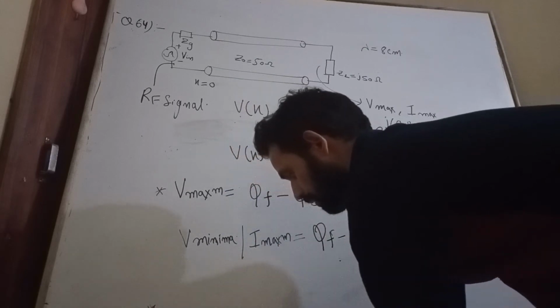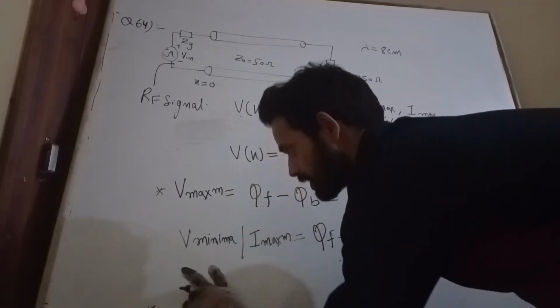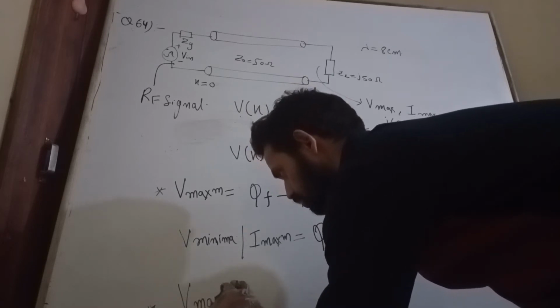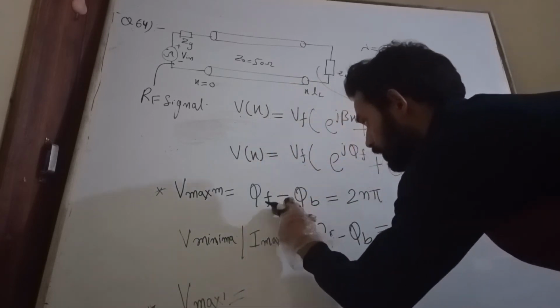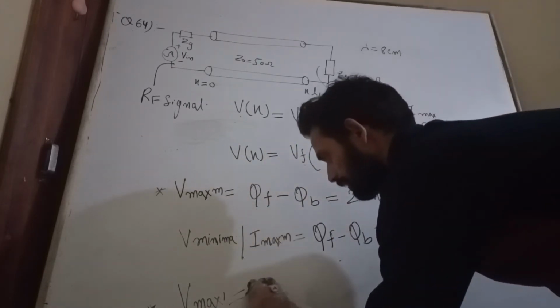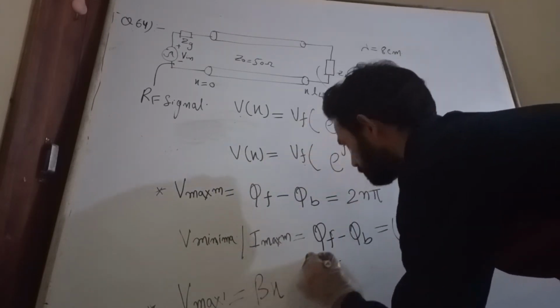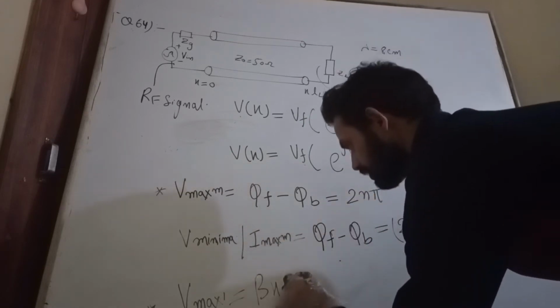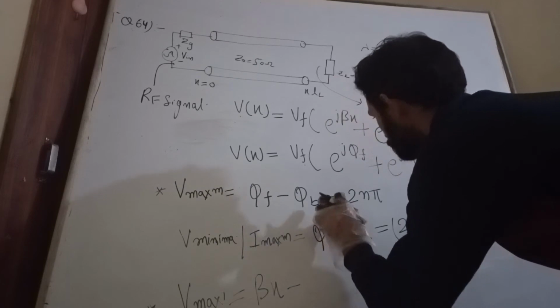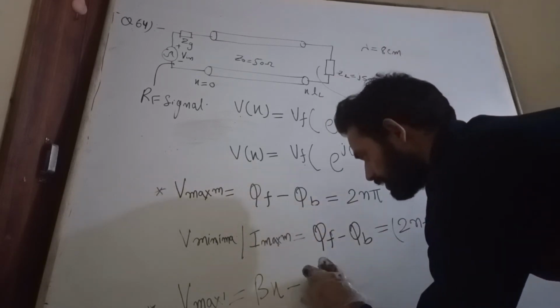First voltage maxima occur when? This is my first voltage maxima. What is the phase? The forward phase φf is βx, and φb is minus βx plus 90 degree.